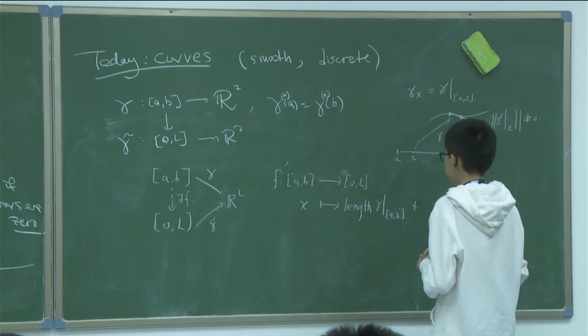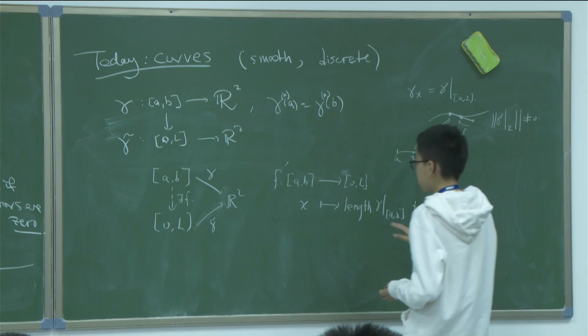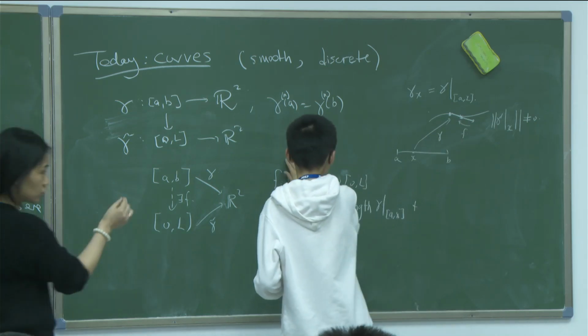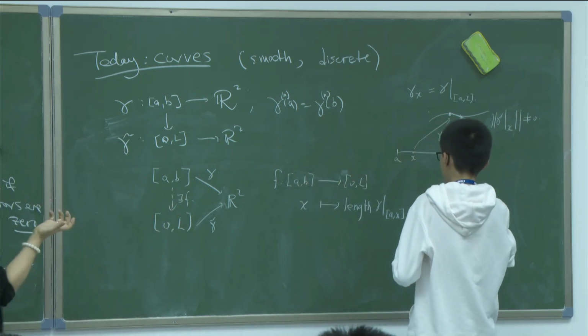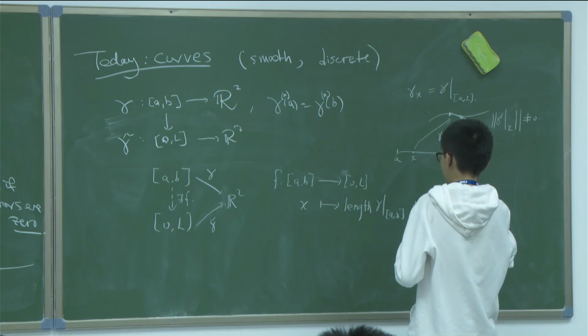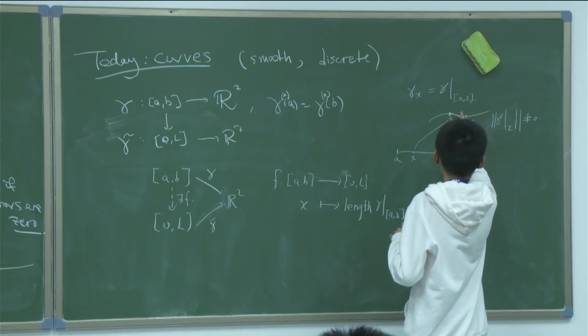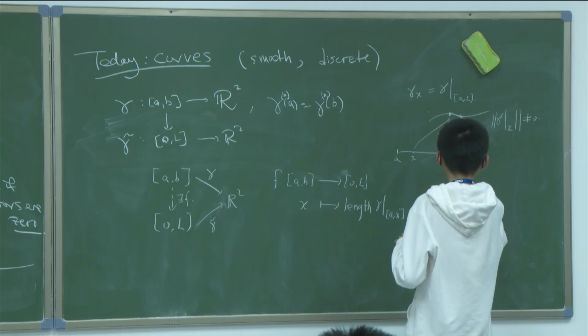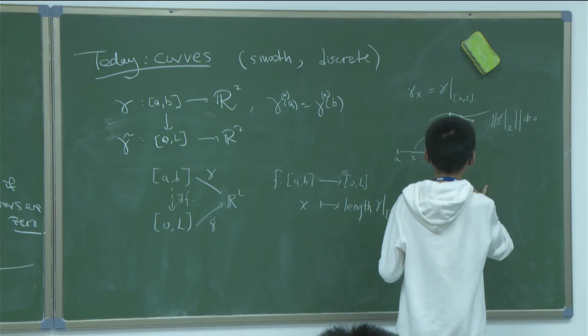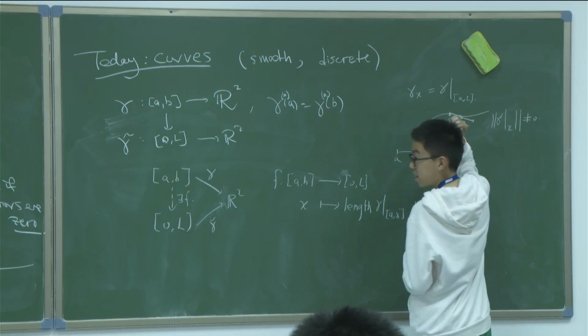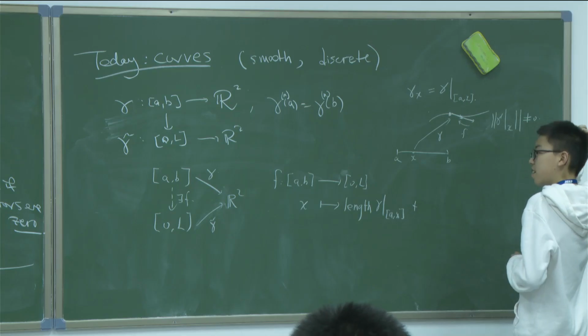But what is the length of gamma? That's the question. What is the length of gamma restricted to 0 to x? How would you compute that? What do you think?